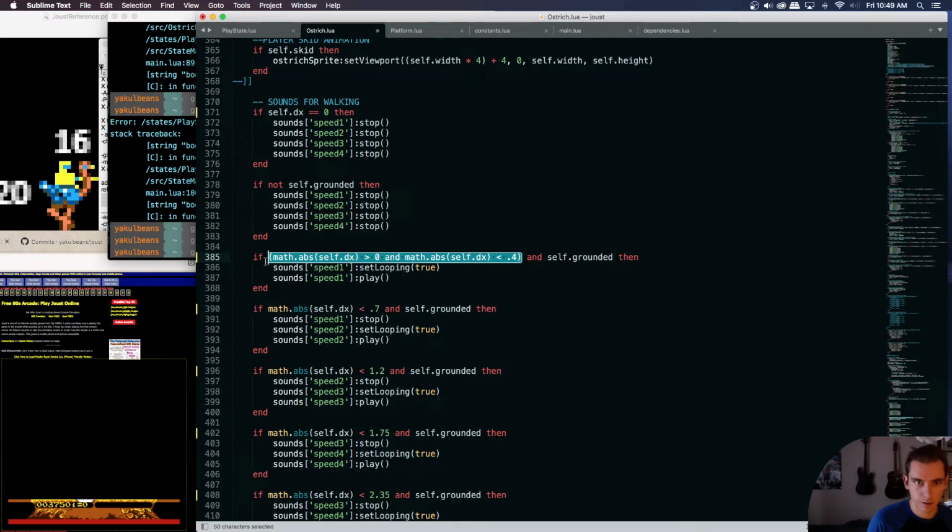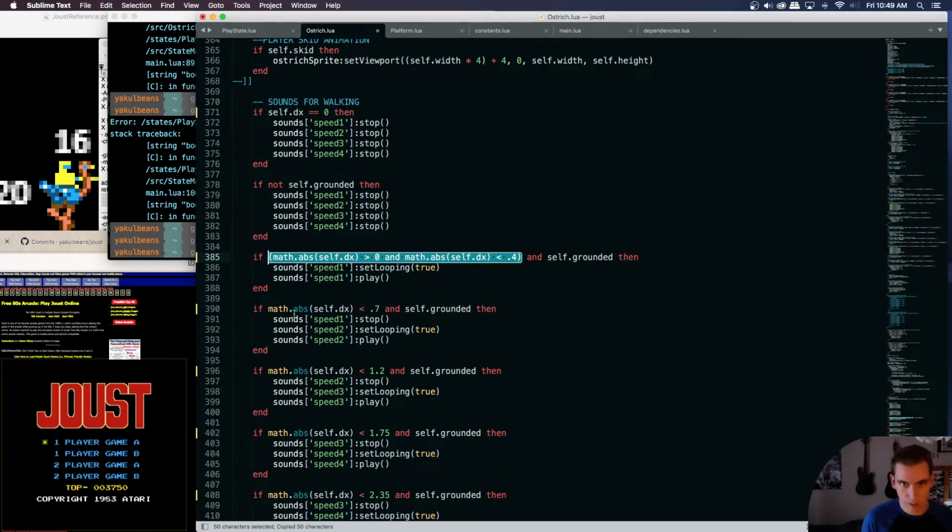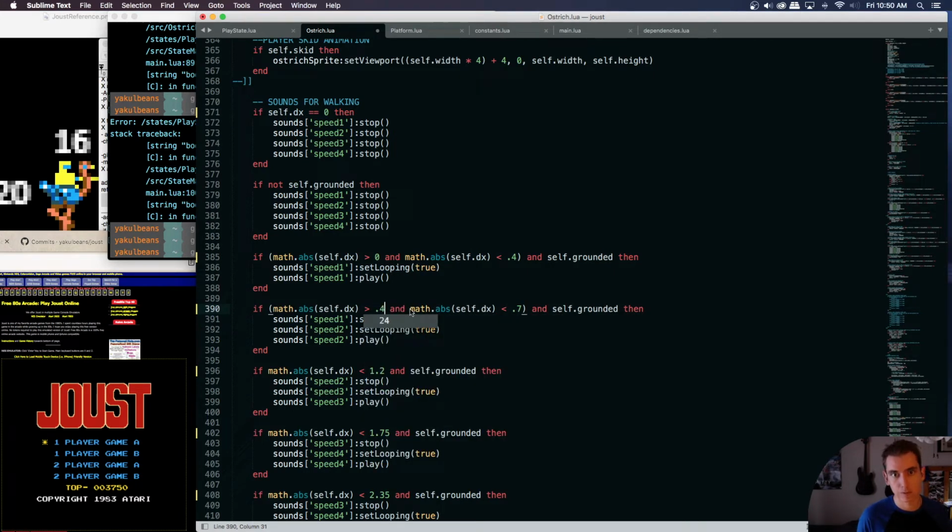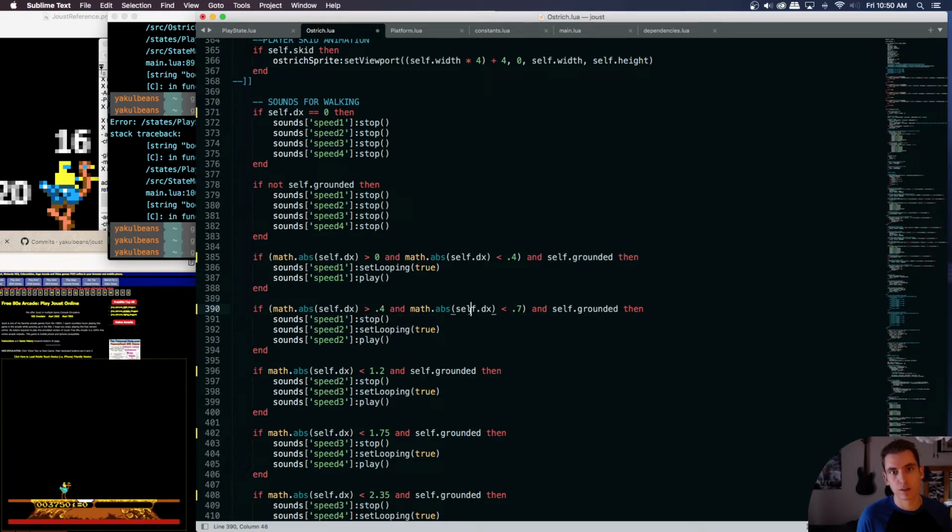And then these are the two ranges. So 0.7 is the high range, smaller than 0.7 but bigger than your 0.4. And then I guess there's a little bug.